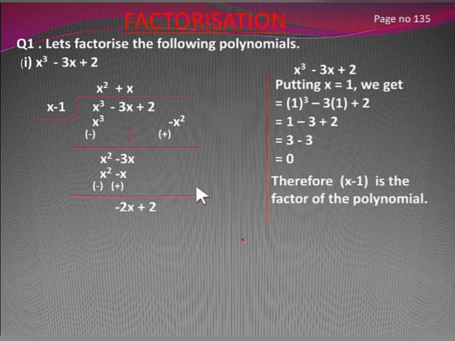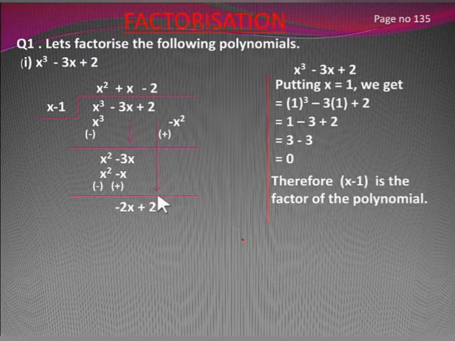After subtraction, from x square minus x square, we get 0. 3 is minus and x is plus, so we get minus 2x. 3 is greater than 1, so minus 2x, and we have to take this 2 down here.